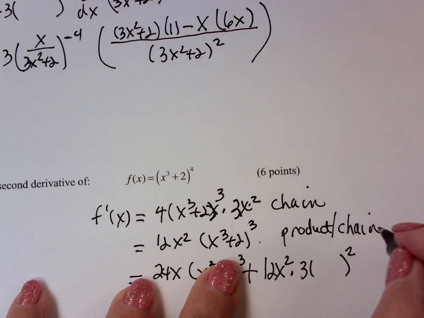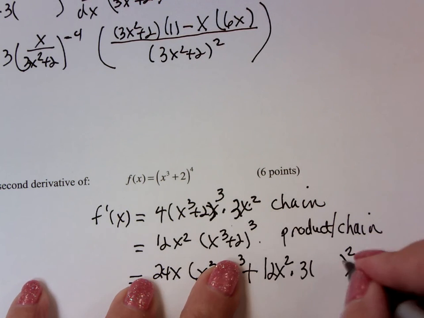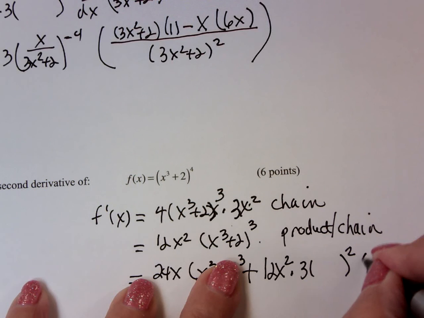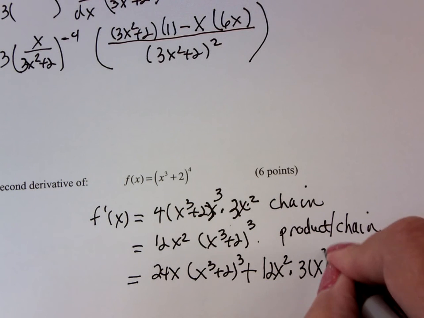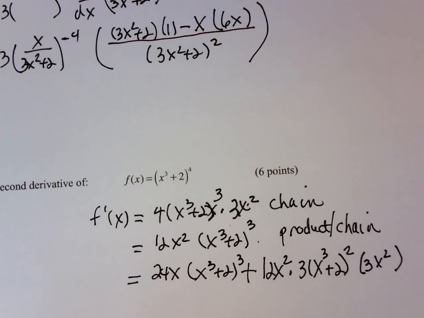Derivative of x cubed plus 2 is going to be 3x squared, and the blob is x cubed plus 2. And so that's your second derivative.